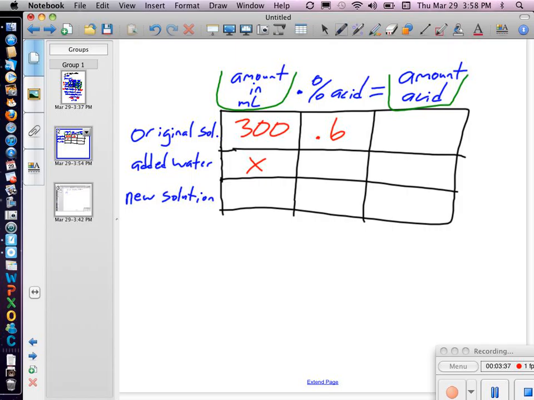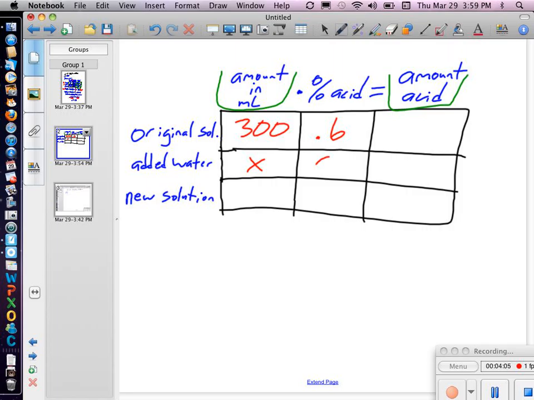to this solution to dilute it so that it is only 45% acid. Okay, here's the trick. Some people think, hey, let's put this 45% acid right here, because that's the next blank available spot. Okay, but you also have to use some common sense when you are filling this out. The common sense here might include, well, what percent acid is water?